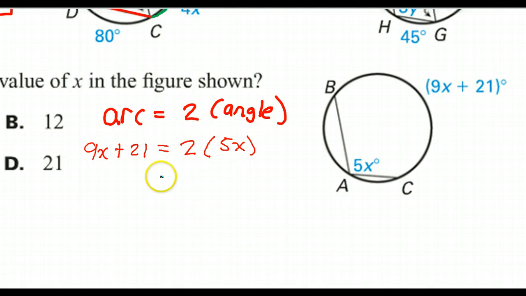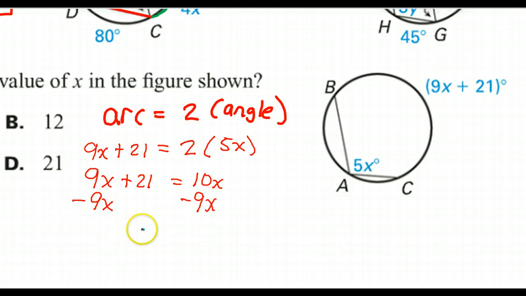Solving the equation is easy, but we just used the relationship that we've used over and over again throughout the last two lessons. So that's going to give us 9x plus 21 is equal to 10x. If we subtract 9x from both sides, that's going to give us 21 is equal to x. Ta-da!